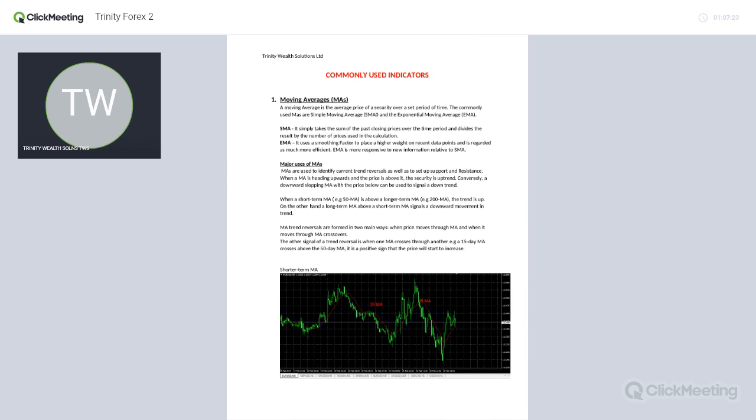Then the EMA uses a smoothing factor to place a higher weight on recent data points and is regarded as much more efficient. EMA is more responsive to new information relative to SMA. What that means is, when you're calculating the EMA, you don't calculate yourself. You just put in the days you want.